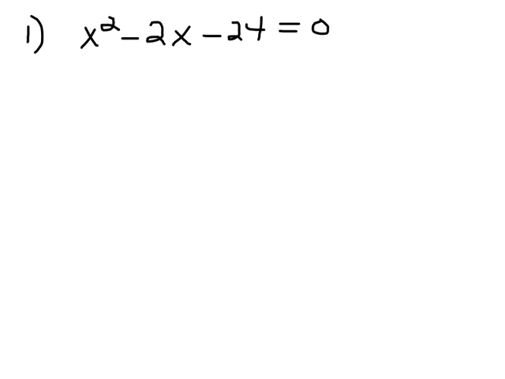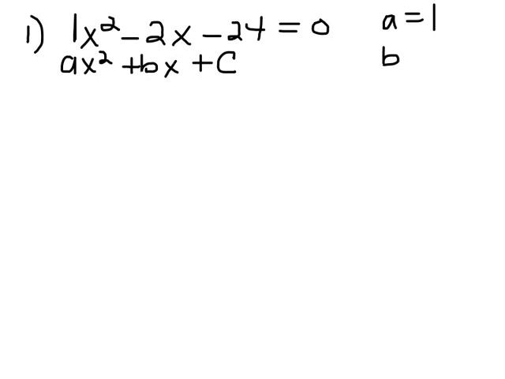We're going to take this equation and solve this by using the quadratic formula now. So our quadratic equation is ax squared plus bx plus c, which means our a is equal to 1. Our b is equal to a negative 2, and our c is equal to a negative 24.